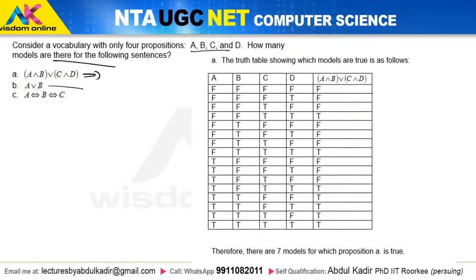For example, for this A or B, how many models are there? Tell me for this B, how many models will be there?